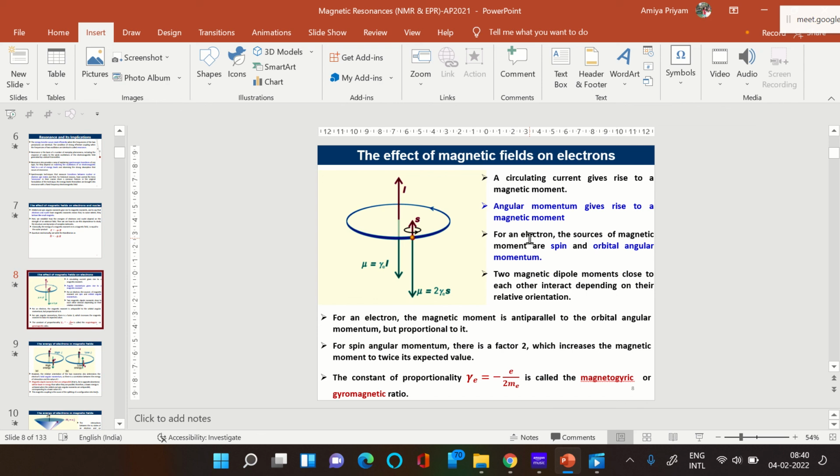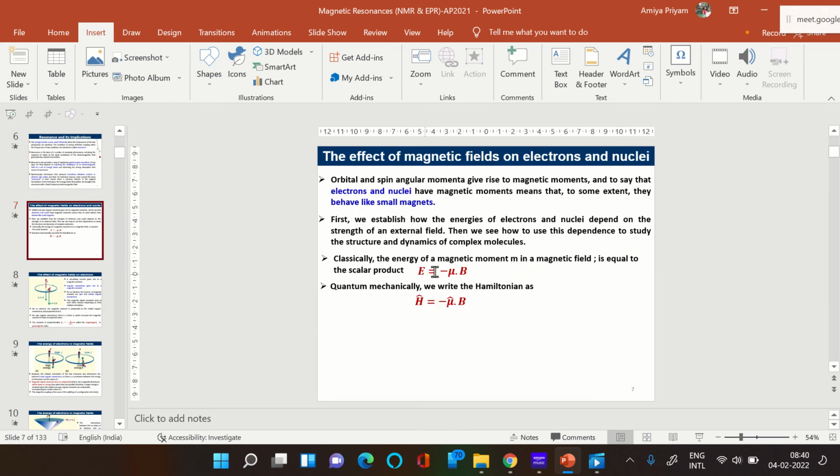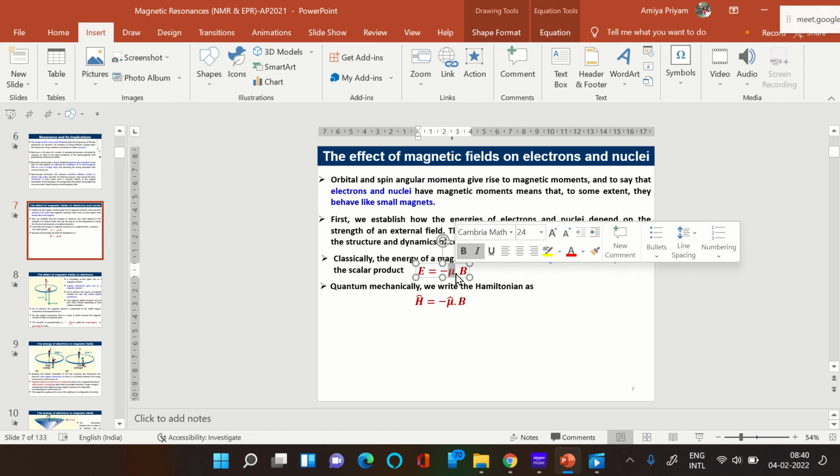So the tendency would be to align with the field. If it aligns with the field, you have lower energy. If the magnetic moment is opposed to the field, the energy will be high. These are the two things we keep in mind.